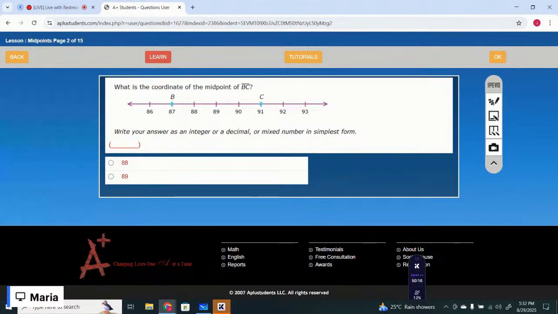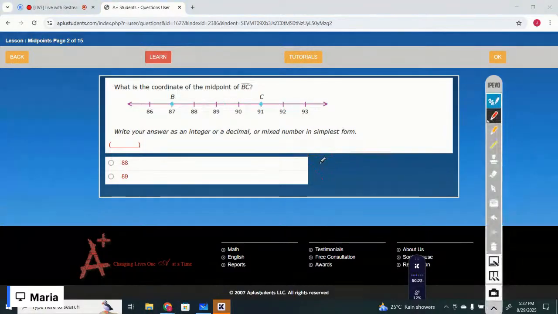What is the coordinate of the midpoint BC? So B is 87 and C is 91. Just add them and divide by 2. That is 178 divided by 2. 2 times 8 is 16, 2 times 9 is 18.